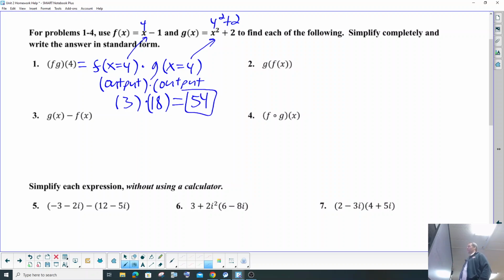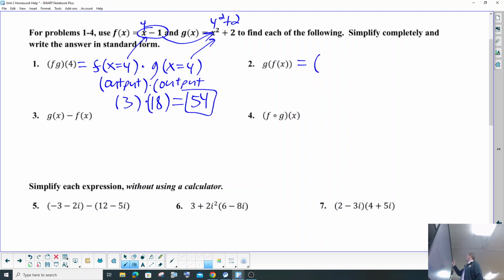54, beautiful. So then we have a g of f of x. What does that mean? So that means we take f, x minus 1, and we plug it into g. And wherever you see an x, the x goes away, don't bring it with you, and in its place is the new expression.